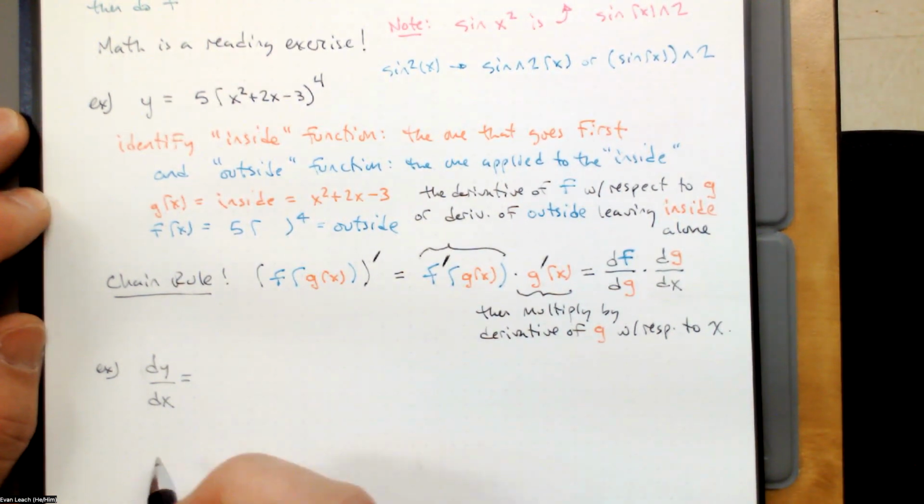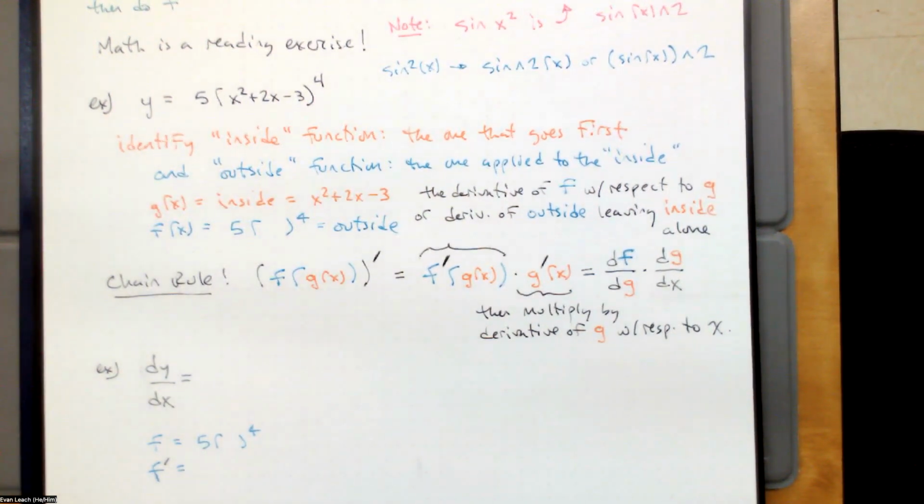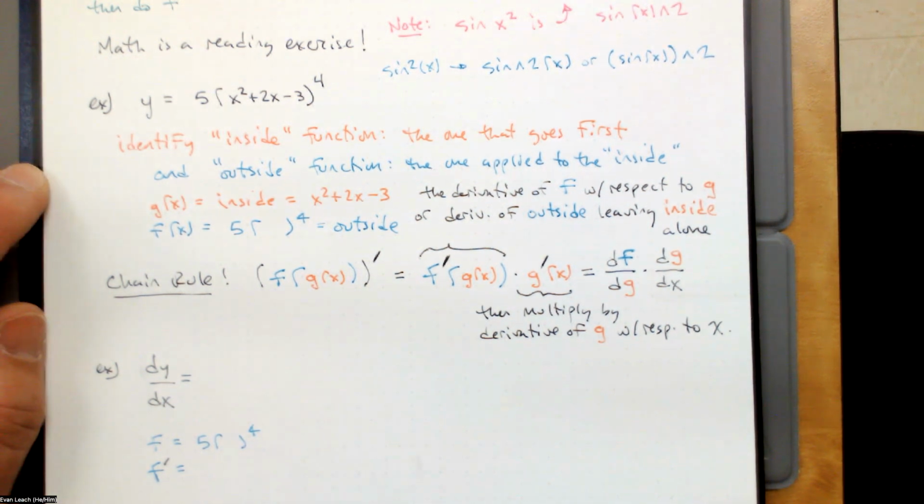So if f is 5 times something to the fourth power, what's f prime going to look like? What's the derivative of 5 stuff to the fourth? 5 times 4 stuff to the third, or 20 stuff to the third. Very technical terms, stuff. So the derivative of 5 stuff to the fourth is 20 times that stuff to the third.